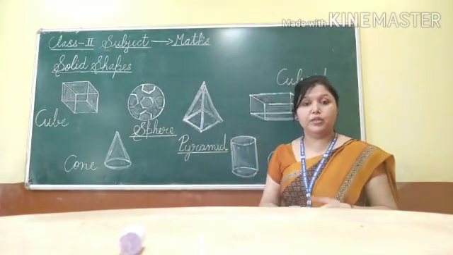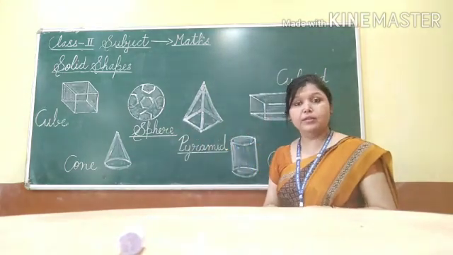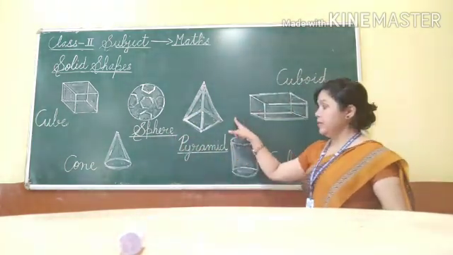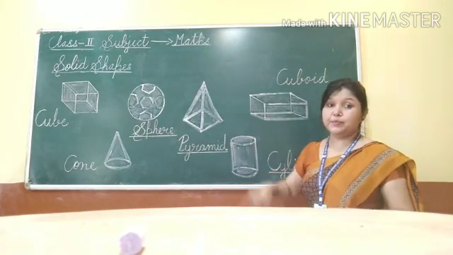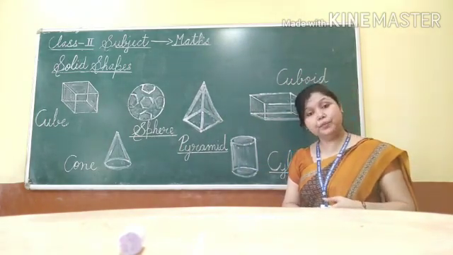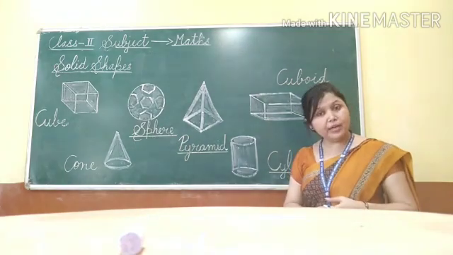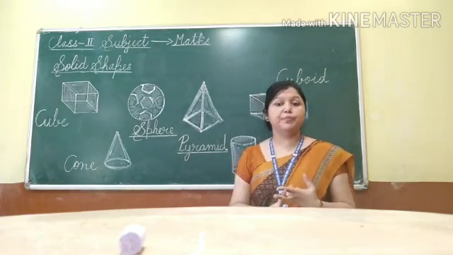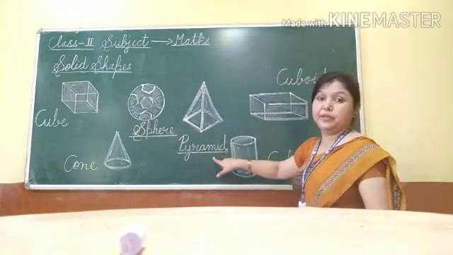Sphere: football and ball, they both are sphere. Pyramid: prism. I think you never see prism, but in your coming classes you will see prism.